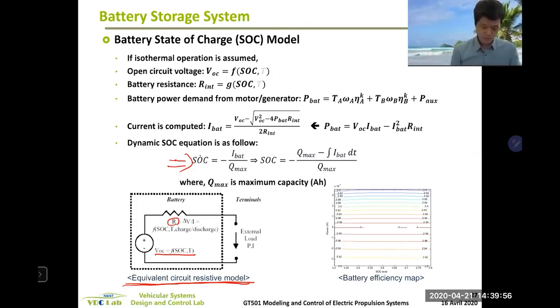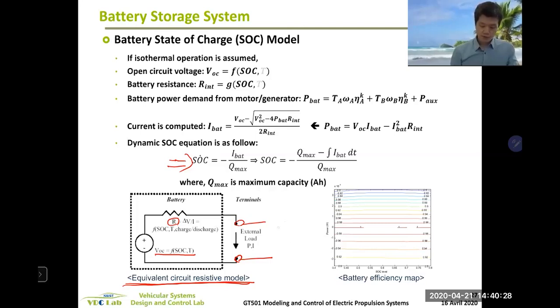So let's first start with battery power. What's the definition of battery power here? Well, battery power is the power across these two nodes.